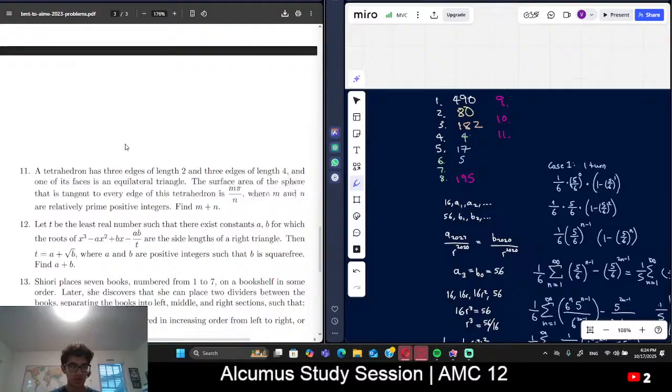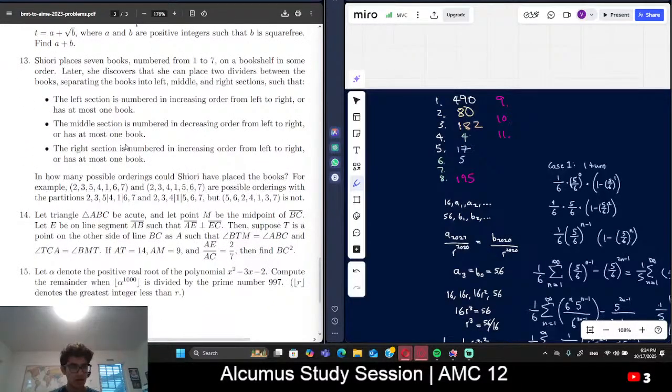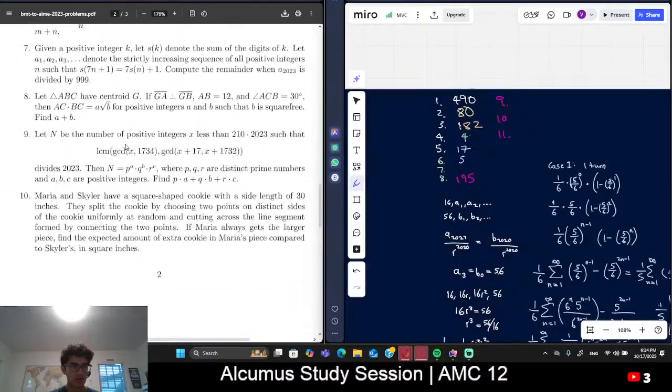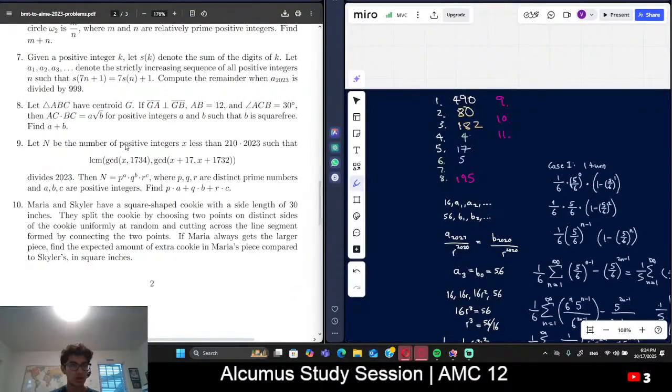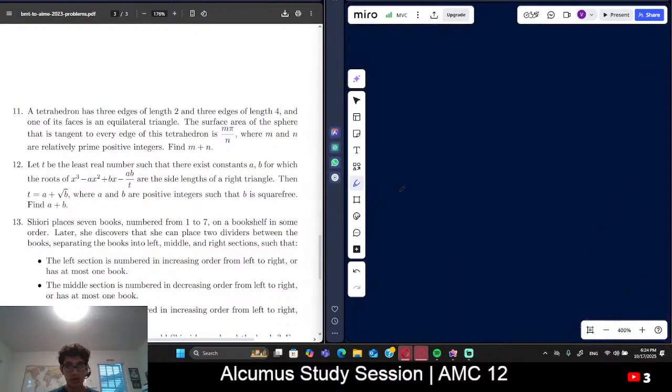I'm not like some genius that I'm skipping all the way to the back. I'm just trying to see if there's anything that might be a little bit more manageable because I'm going to hit the limit now in terms of what I immediately think I will be able to solve. Right. So 11 doesn't seem too bad. Maybe it is, but just off the top of my head, I at least have some idea of how to do it. At least I have an idea of how to visualize it, which would be something like this.